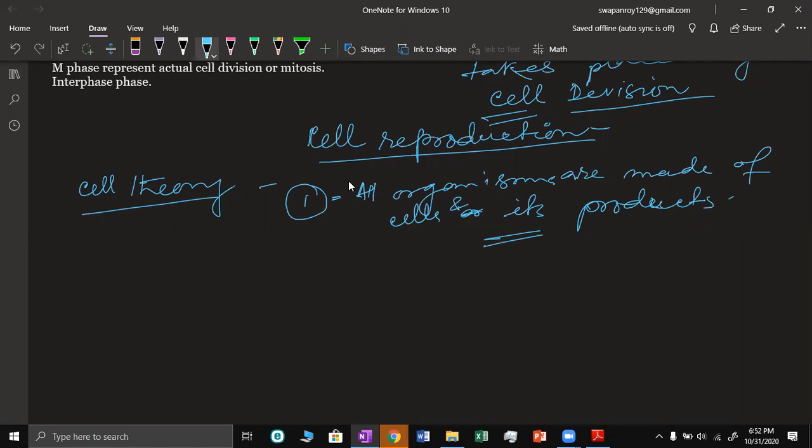Because all organisms are made of cells, at the cellular level it is the structural basis and the functional basis, the structural and functional unit.